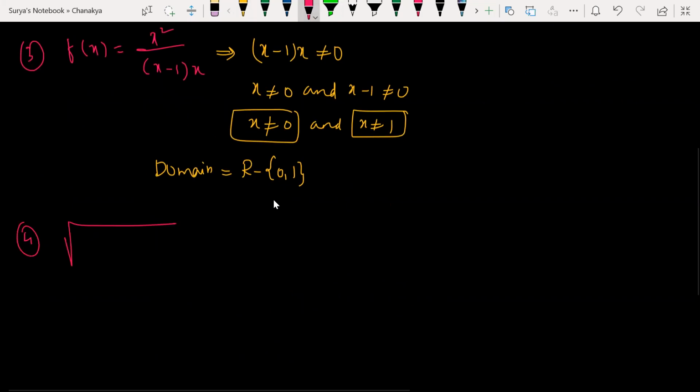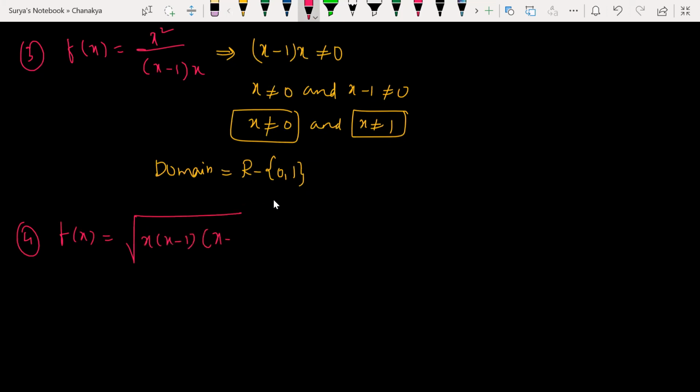So I have given this question. f of x is equal to square root of x into x minus 1 into x minus 2.